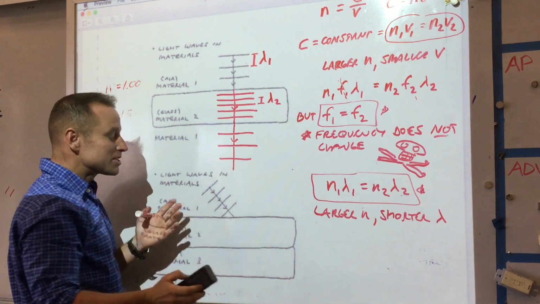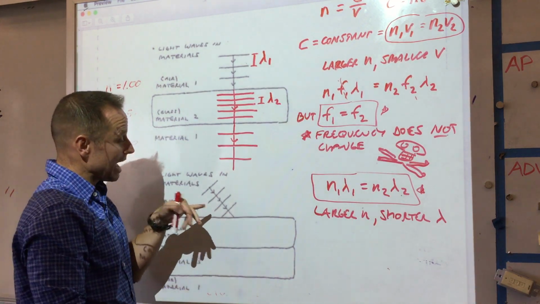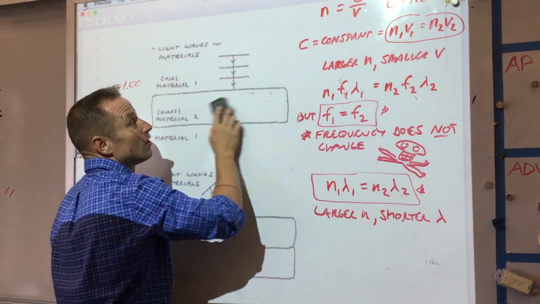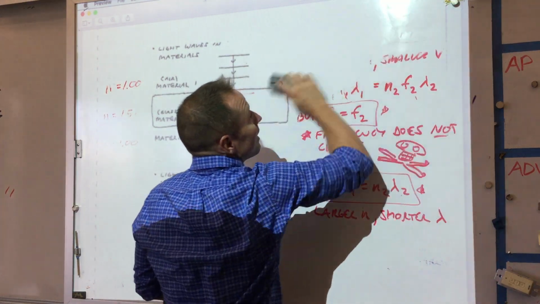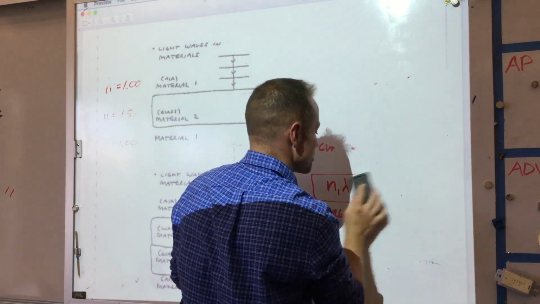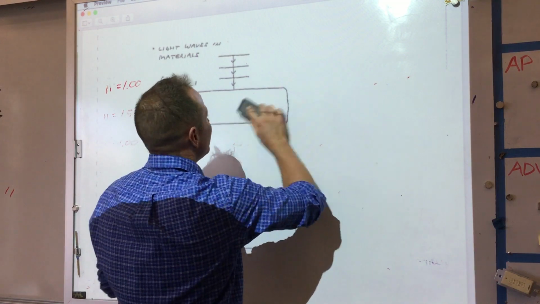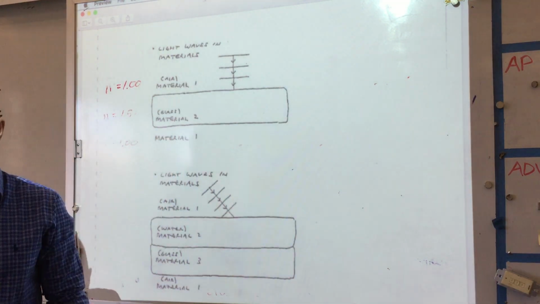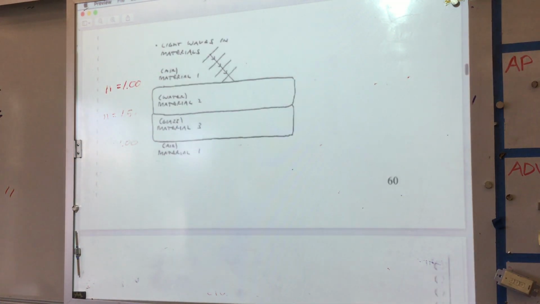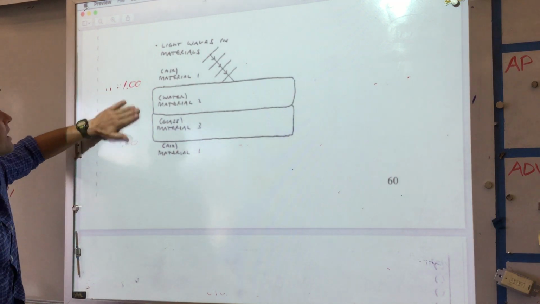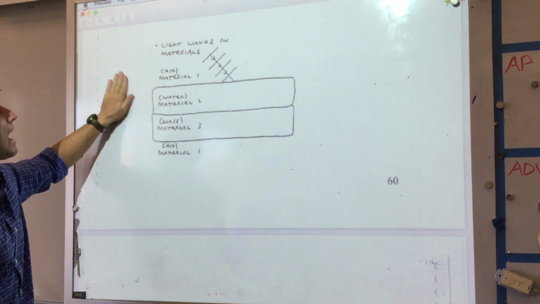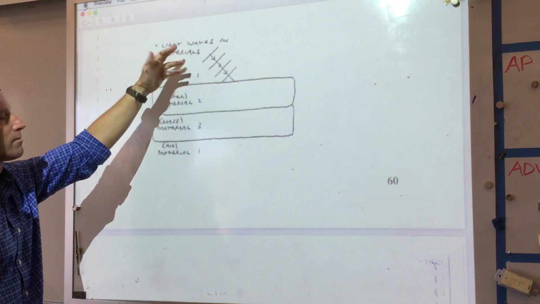What we're going to do now, and this is where it gets really interesting, is look at when you shoot the light in at an angle. If you continue to use this little marching band model, you'll see that it helps explain some of the interesting behavior we see with light. So now we're shooting light at a few different materials.